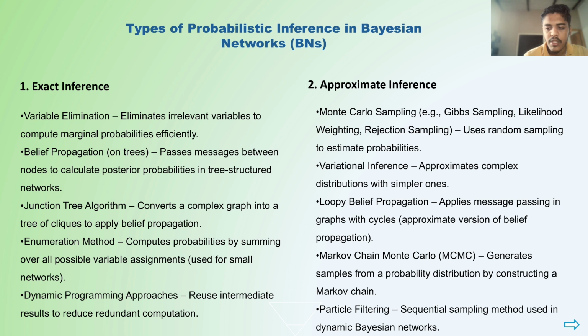Markov chain Monte Carlo generates samples from a probability distribution by constructing a Markov chain. Particle filtering, a sequential sampling method used in dynamic Bayesian networks.